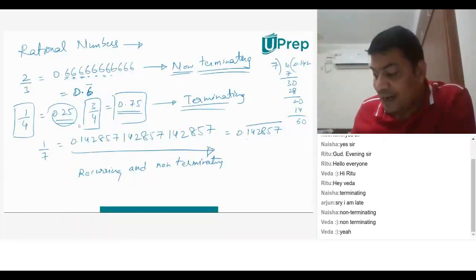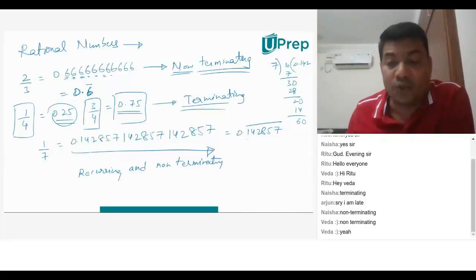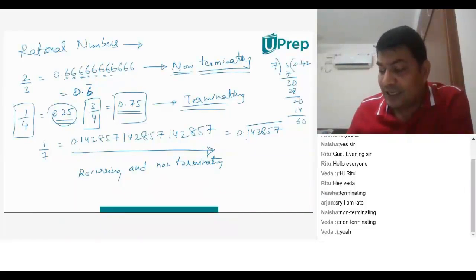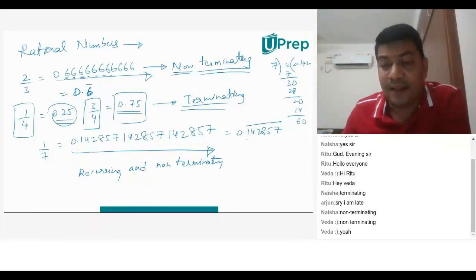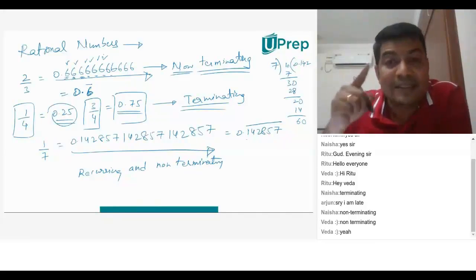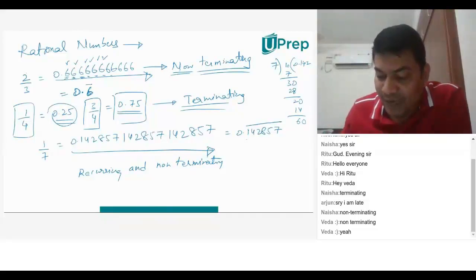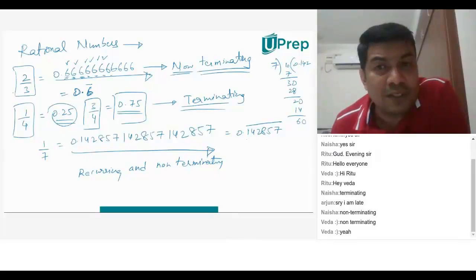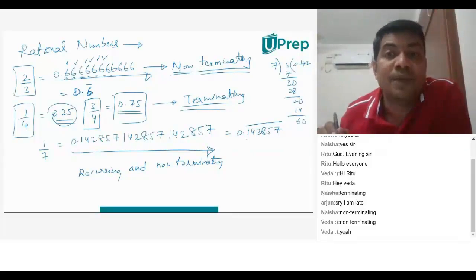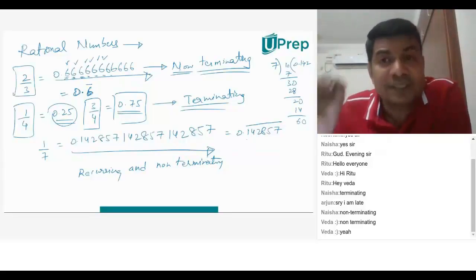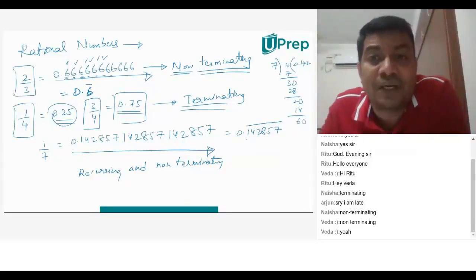Here, if you look at recurring and non-terminating, it goes on and on, non-terminating. But it is defined, the same number is recurring. Such a number can be written as 2 by 3, which is in the form of P by Q. Because it's in the form of P by Q, it fits the definition of a rational number.